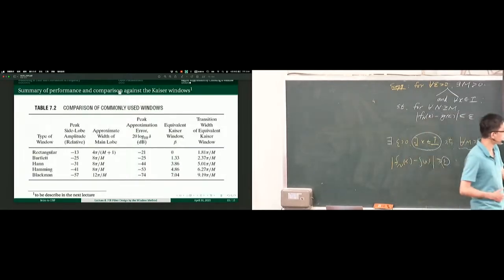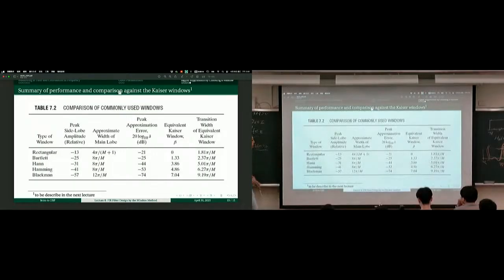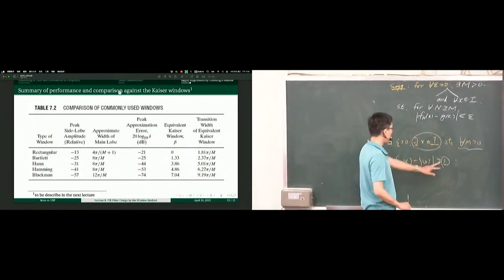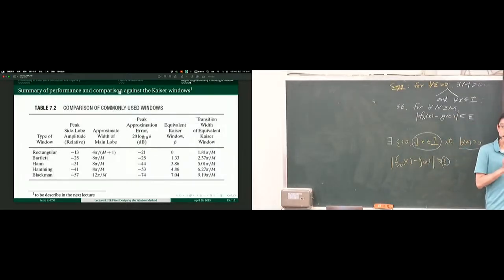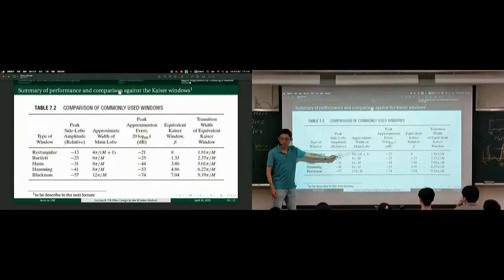Corresponding to that, because as we mentioned, what is delta? Delta is the total area for the side lobes, right? So you can imagine that the smaller side lobe we have, the smaller approximation error we'll get in our design, right? So this column and that column are positively correlated.